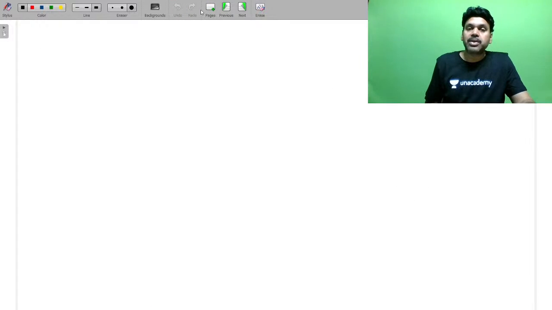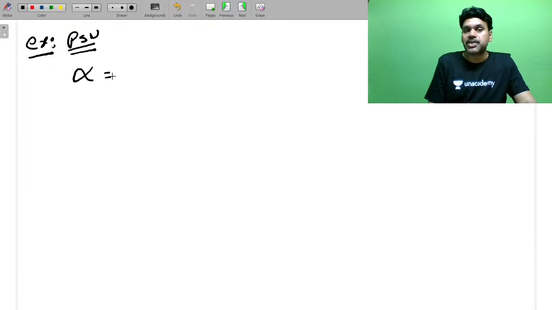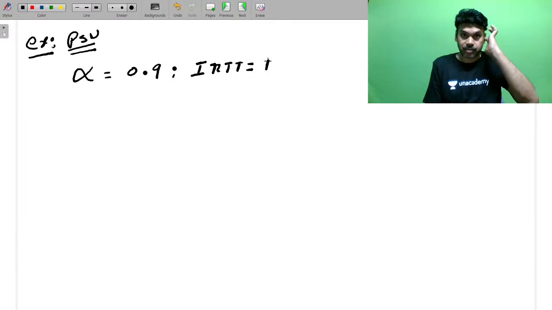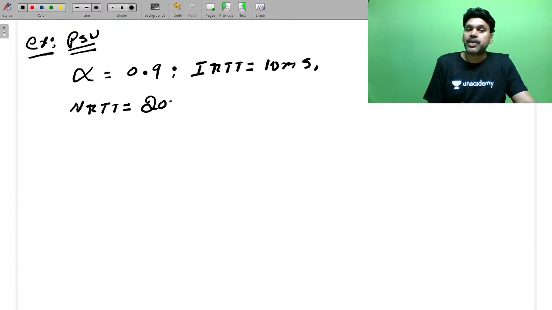Now, I want to solve one problem, one of the PSU questions of ISRO. Alpha is equal to 0.9 and initial RTT is equal to 10 milliseconds, and your acknowledgement transmission time is equal to 20 milliseconds.